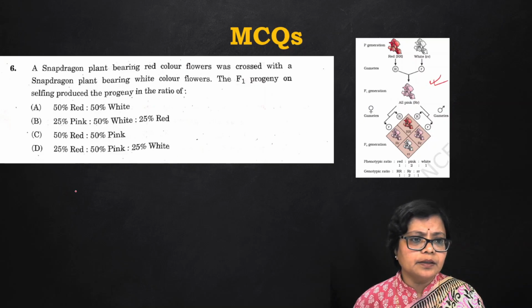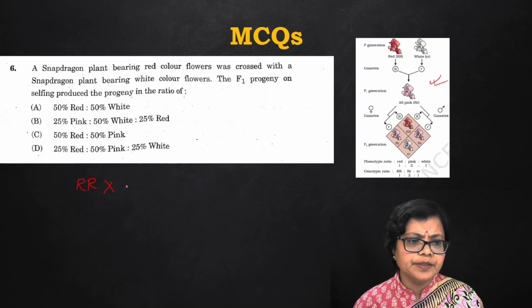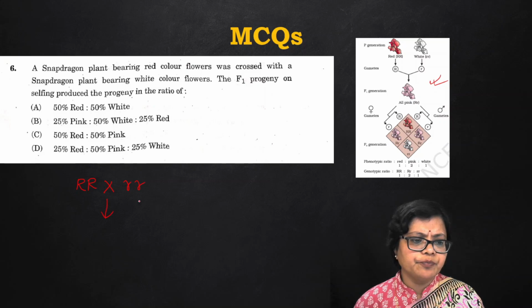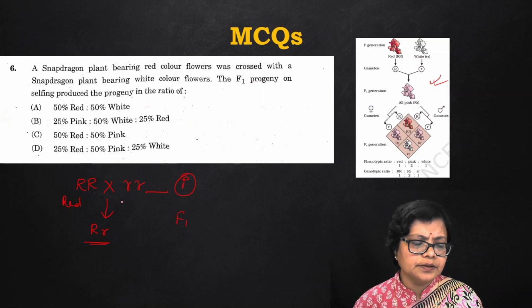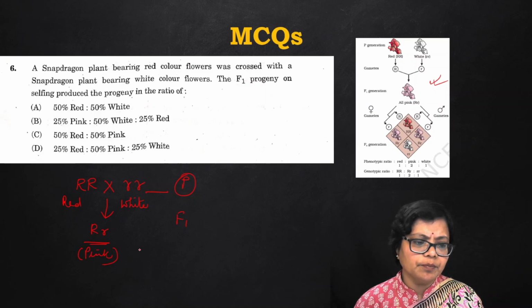Red color means capital R, crossed with the snapdragon bearing white color, that means small r. This is the parental type. Then in the F1 progeny, capital R small r is the pink color, incomplete dominance.